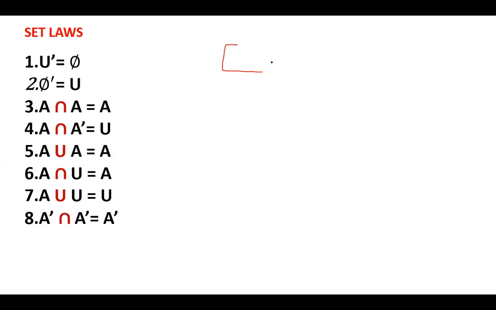If you have the universal set, E, and then you have elements there, and this is set A, and I want you to list the elements that are outside the whole set, outside the universal set, it's simply the empty set.